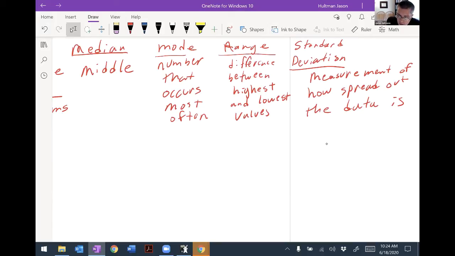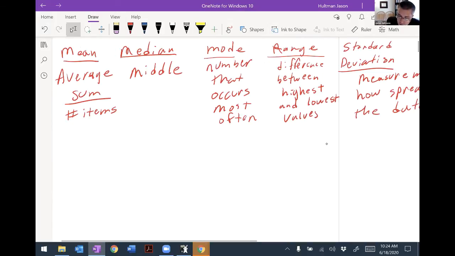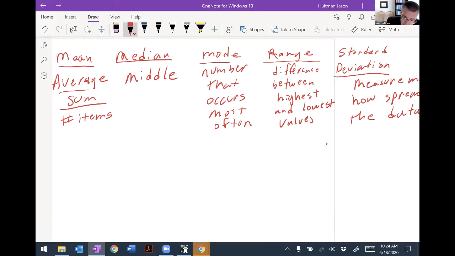Okay, the mean is the average, which is the sum over the number of items. The median is the middle number. Really, I should say middle value, because if I have an even number of items, it's really not the middle number, it's just the middle value of the data set.